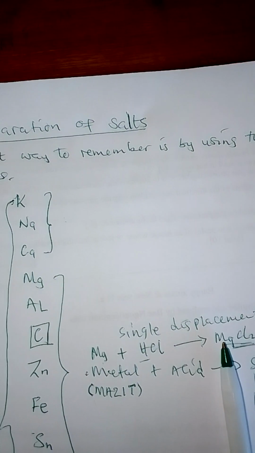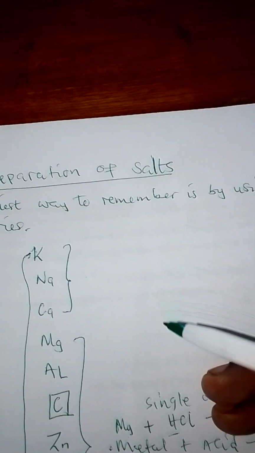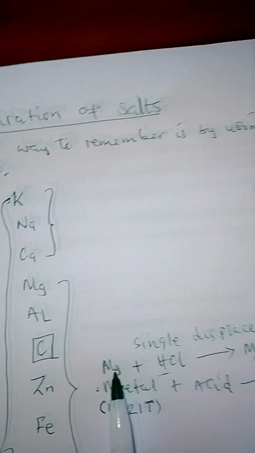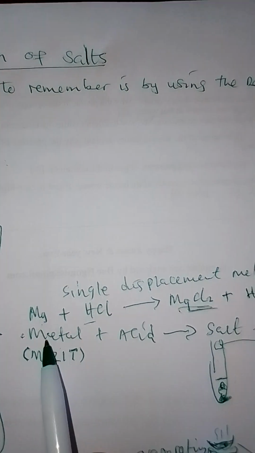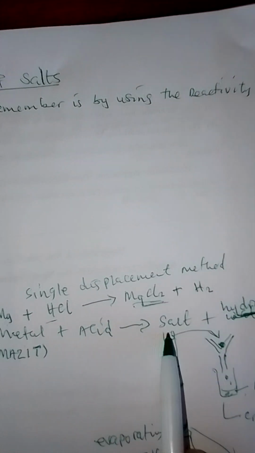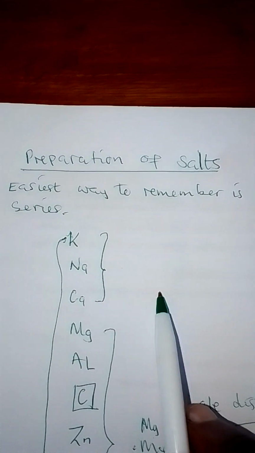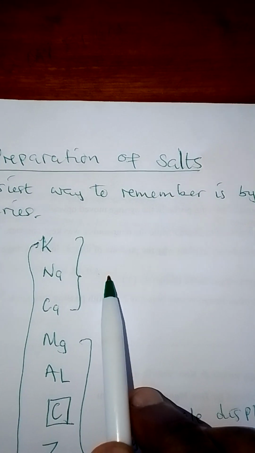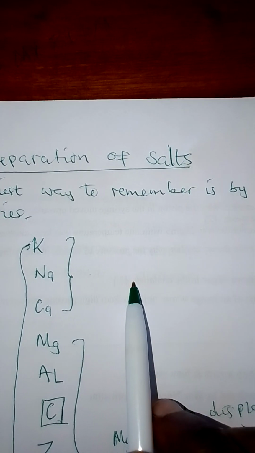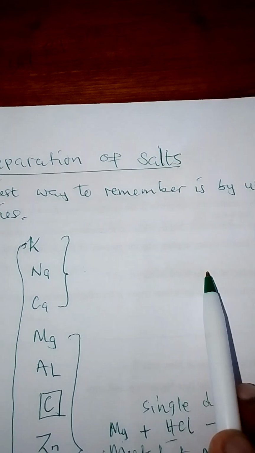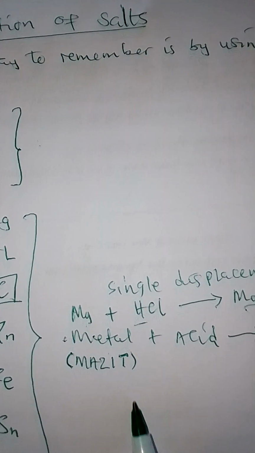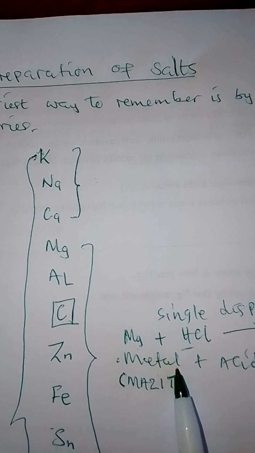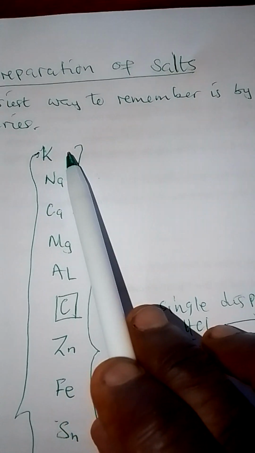For instance, now let's come to this one on top. Is it going to work if we say a metal plus acid will give us salt? For this one, these are very reactive metals. You cannot say a metal plus acid will give us a salt and hydrogen. You cannot put them direct into what? Into acid. It's only the reactive metals that are less reactive that you can react with acids, not these.